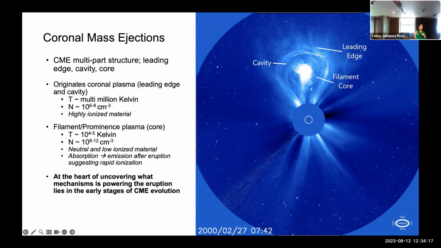So here we see very highly ionized material, typical of what we expect in the corona. And then the filament core, this plasma is often seen as the brightest structure in the white light coronagraphs. It's several orders of magnitude cooler compared to the corona itself, and also relatively denser. So much cooler, in fact, that we often see very low ionized material, sometimes even neutral material associated with that structure in the corona.